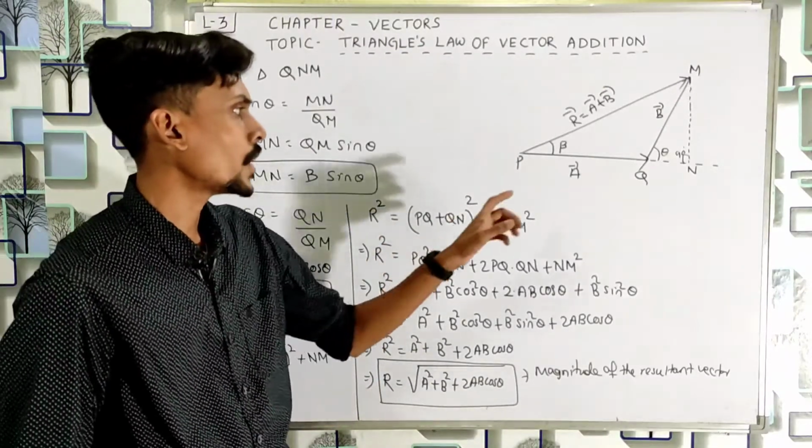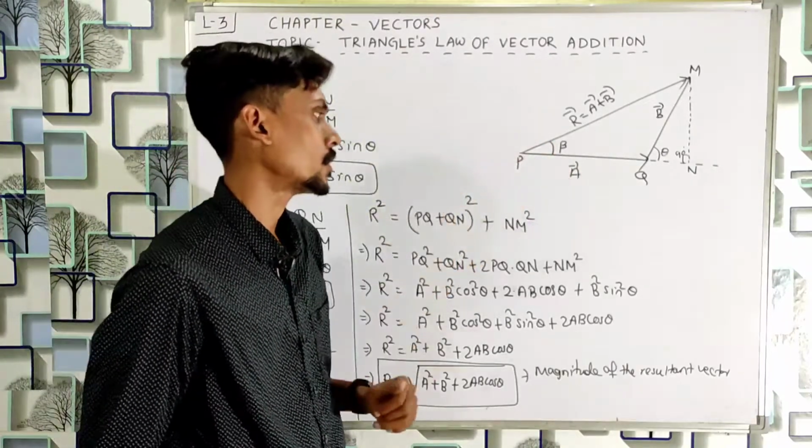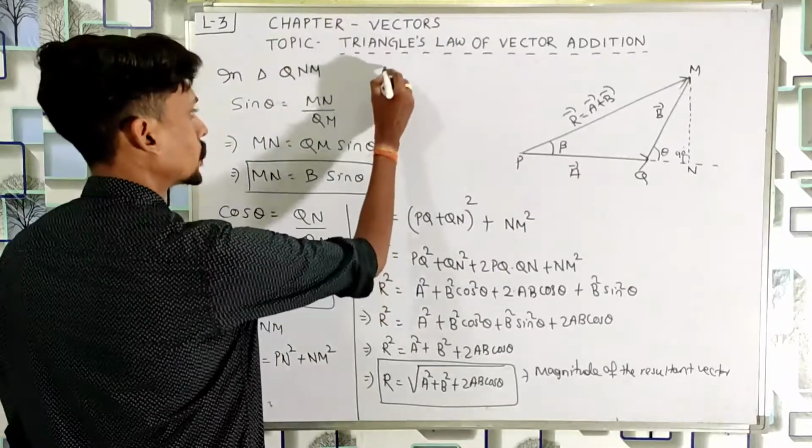So now we have to find the angle beta between R vector and A vector. So how to find it?